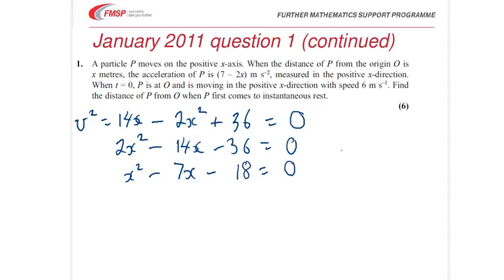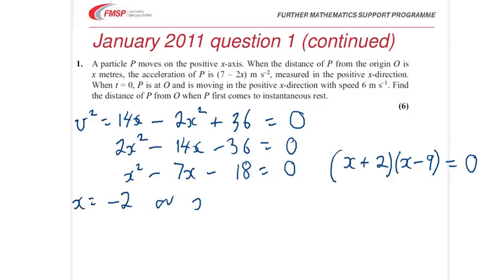And then finally factorizing. So, the two possible values of x are x is minus 2 or x is 9.